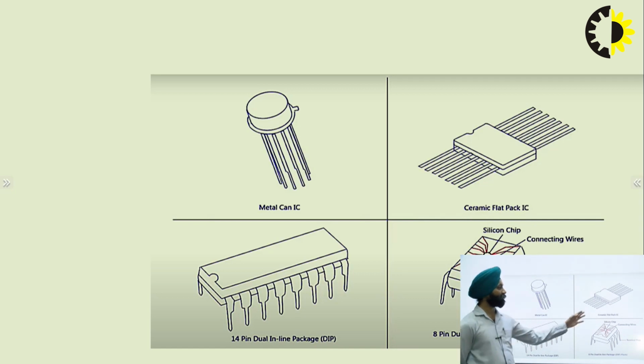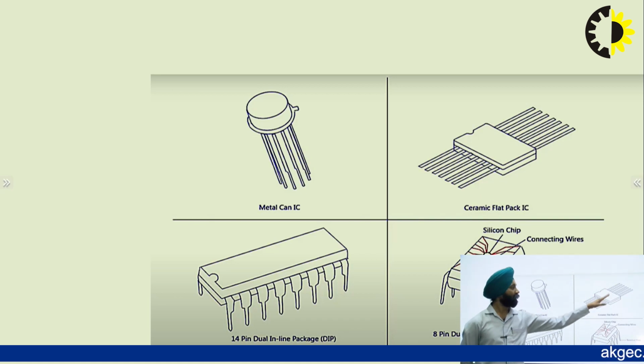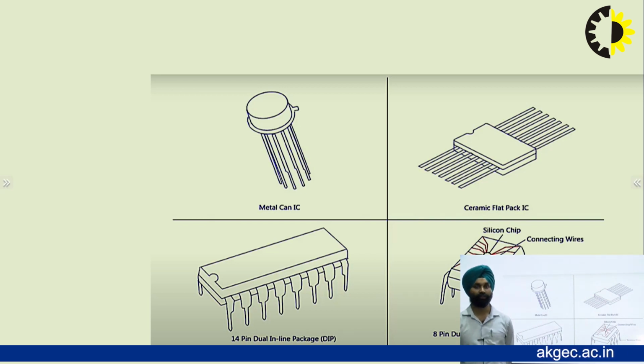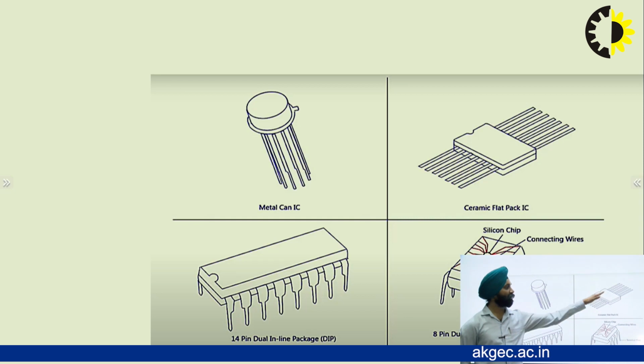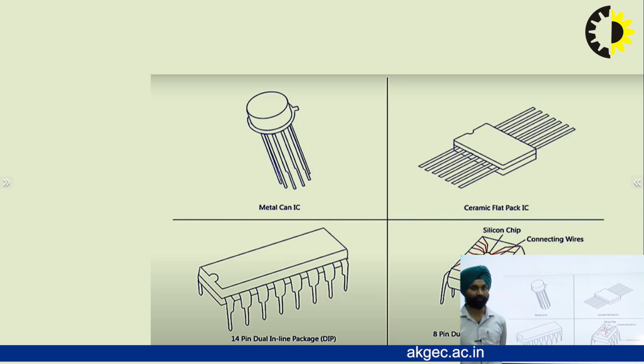Then there are ceramic flat package ICs, which are flat on the surface and the connections are given out like this one, so we can connect it easily with the external circuit. Mostly DIP, dual inline package ICs, are used where we need to change the IC regularly.